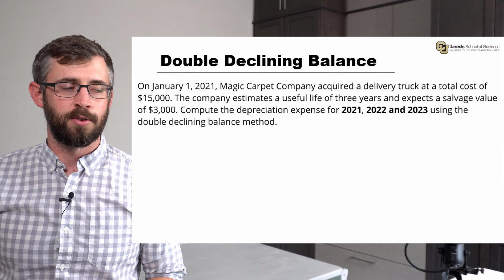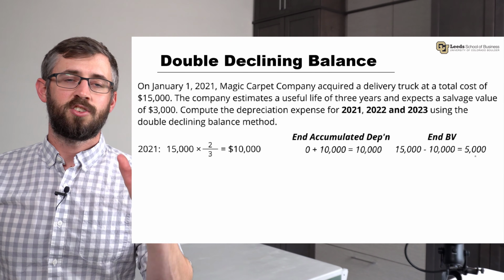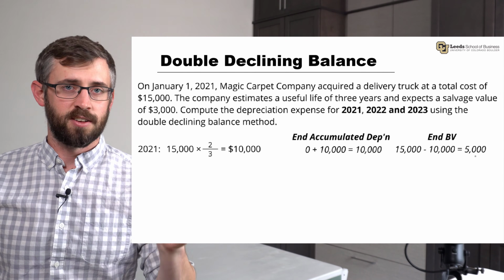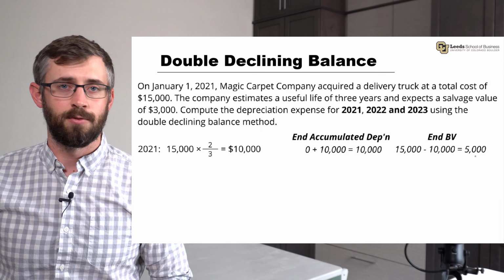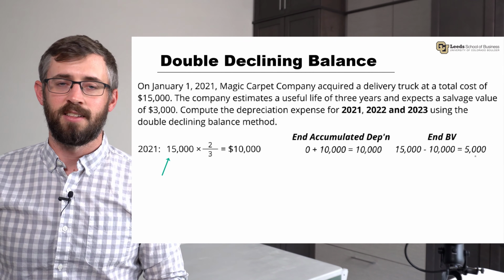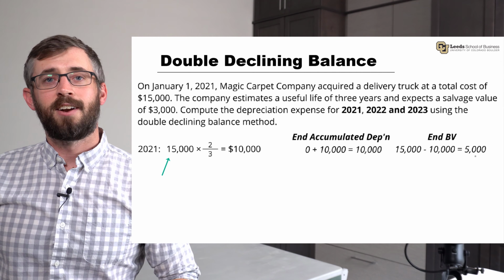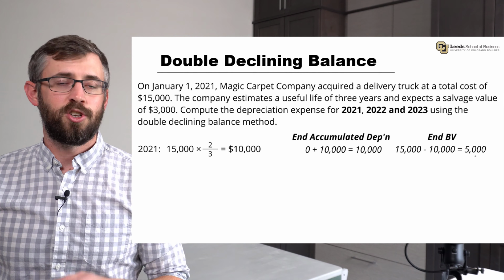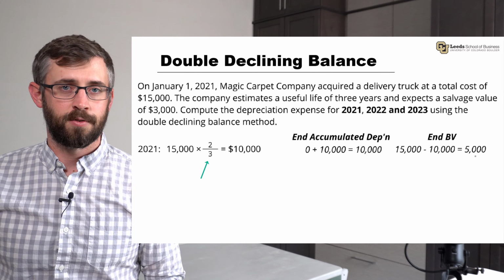So if we use this double declining balance method, we're going to start in year 1 with the net book value. So when we bought this thing, it cost us $15,000 and we start with 0 accumulated depreciation. So our book value at the start of the asset's life is $15,000. And our depreciation expense is going to take that $15K and multiply it by 2 over the useful life, or 2 over 3.